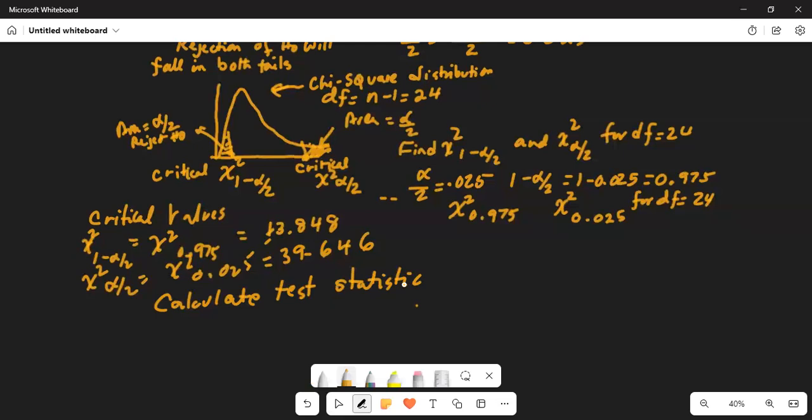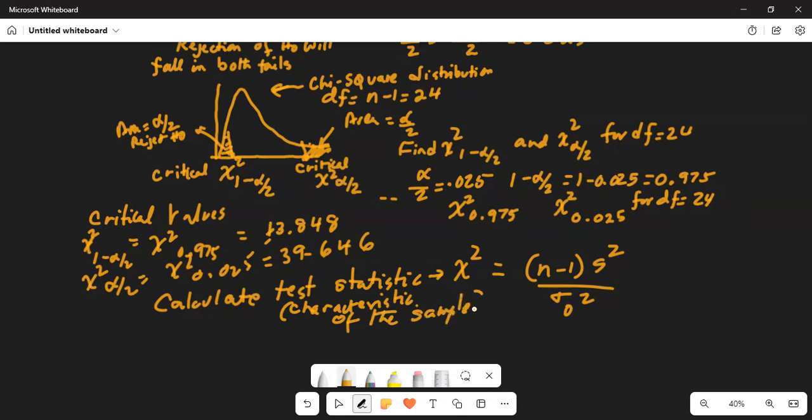Which is chi-square is equal to n minus 1 times s square divided by sigma 0 square. Okay. So this is the test statistic. This is a characteristic of the sample that we have collected.